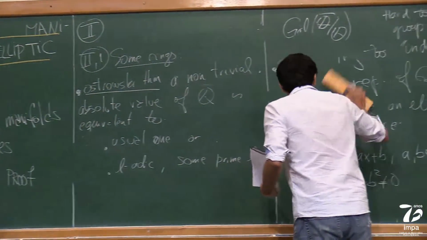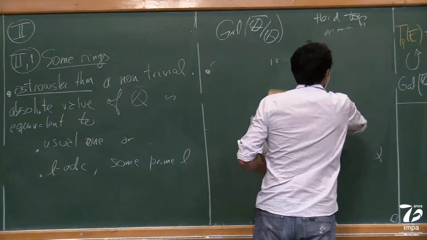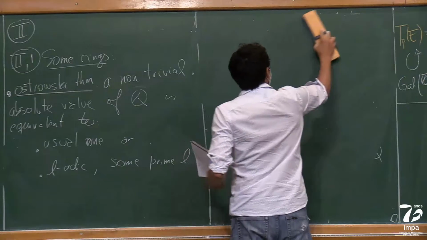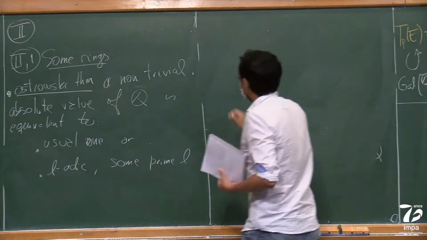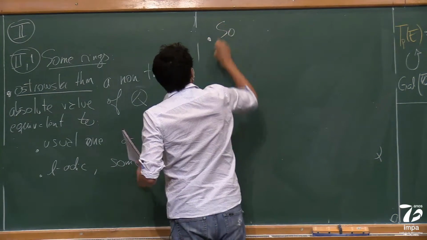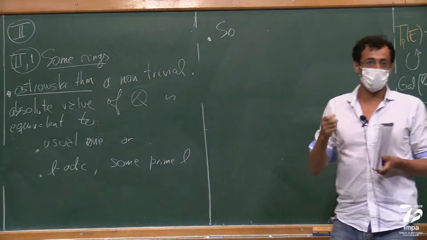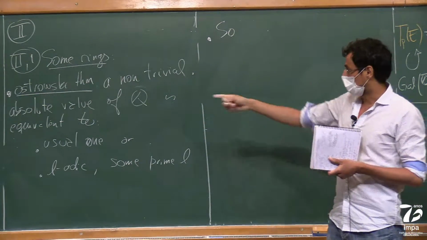So what is the consequence of it? When you look at the rational numbers and you want to do a completion, you need to complete with respect to a norm.